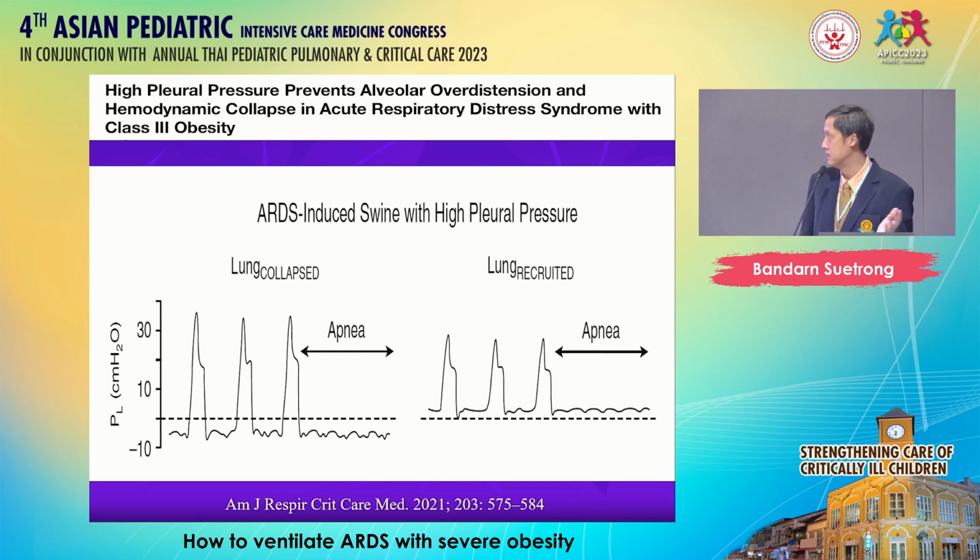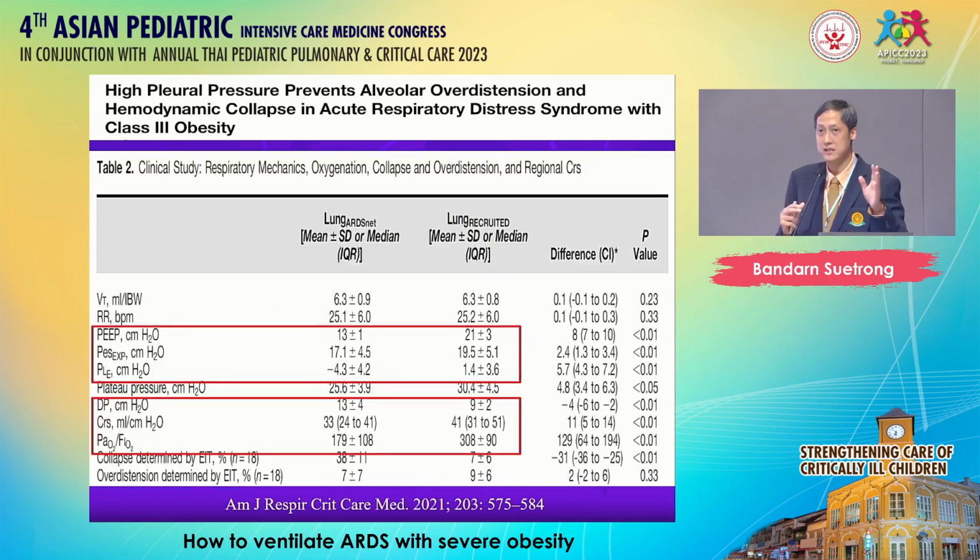the expiratory phase. If we compare the ARDS PEEP table with PEEP titration by using esophageal pressure, we will see that if we use the pressure manometer to titrate PEEP, the pleural pressure is about 19, and if we set the PEEP a bit higher than that level, the lung compliance is better, and the PF ratio is much better as well.